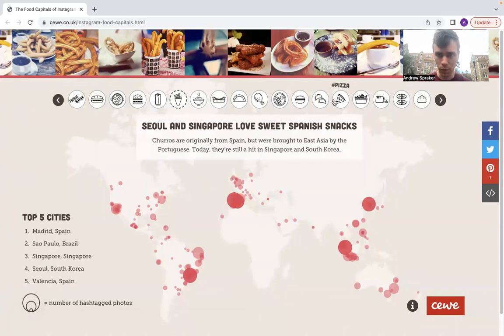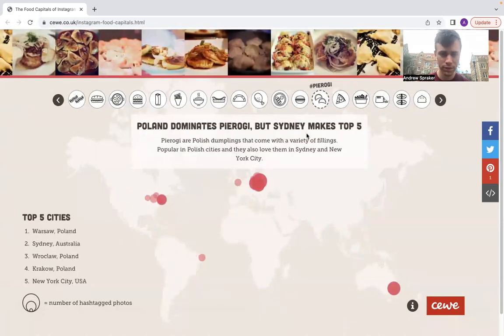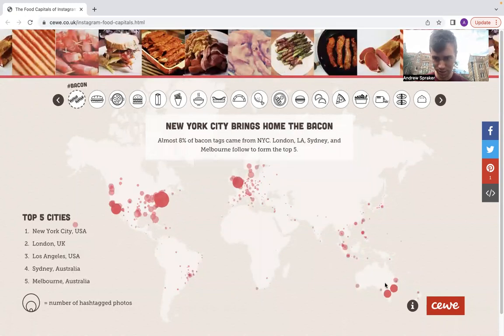So let's look at a couple more. Let's look at pierogies. As we can see here, pierogies are only popular in a couple of spots. So previously with burritos and bacon, they're kind of scattered throughout the map, and especially with bacon, places you don't really expect, right?